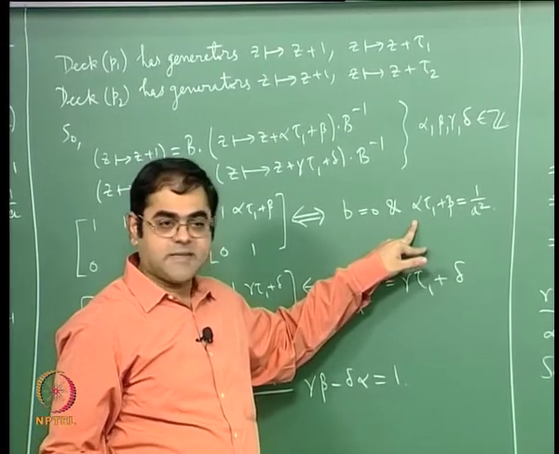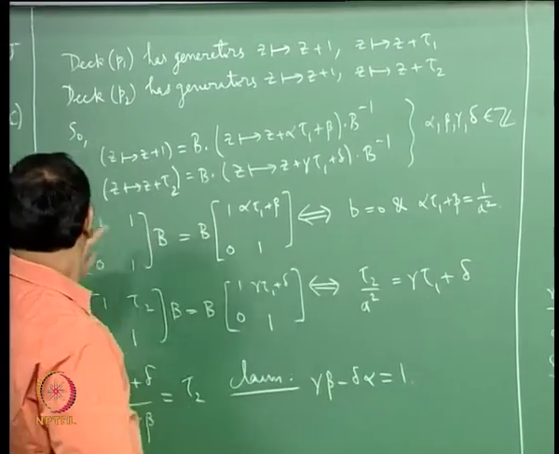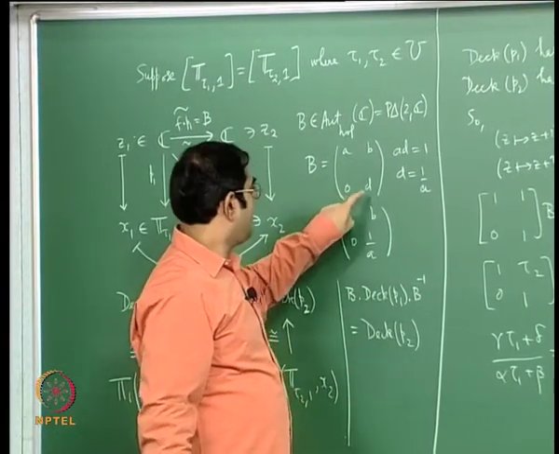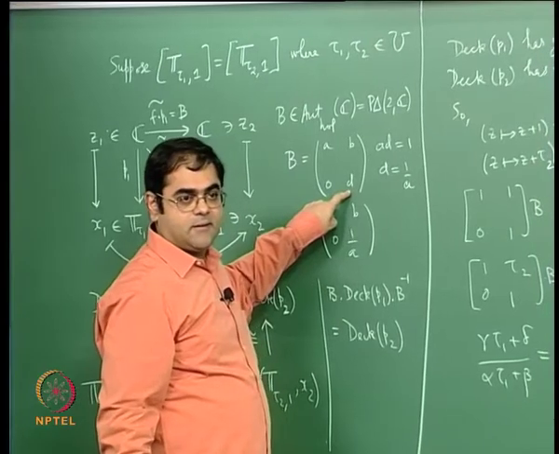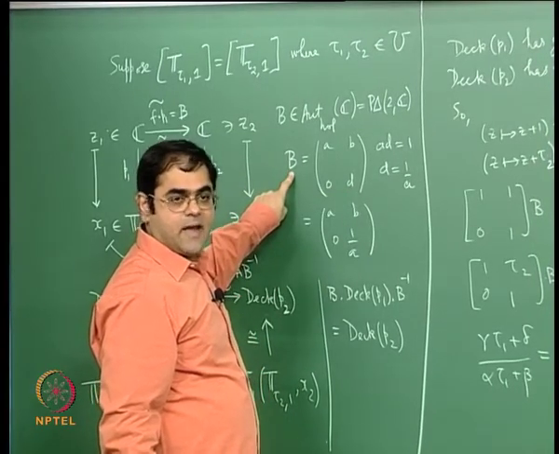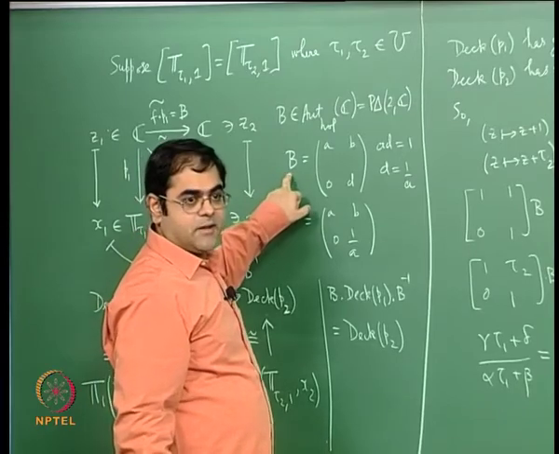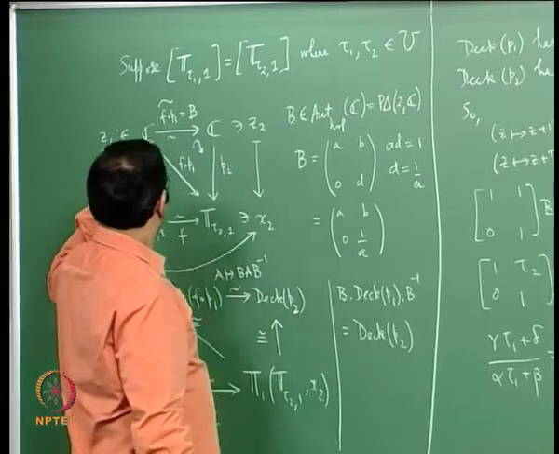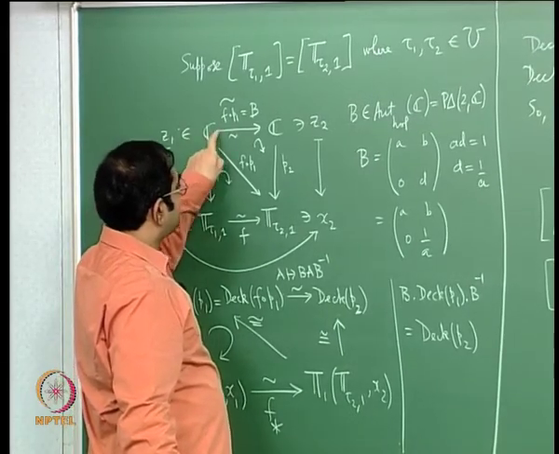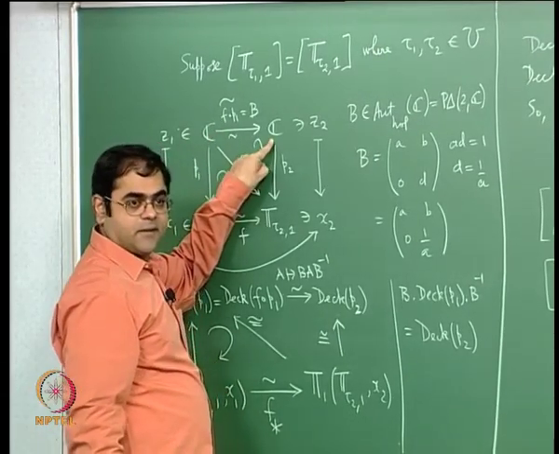Then I consider this transformation A 0 0, and instead of D I put 1 by A. That will give me a Mobius transformation B, and you can check that it will give me an isomorphism from C to C.